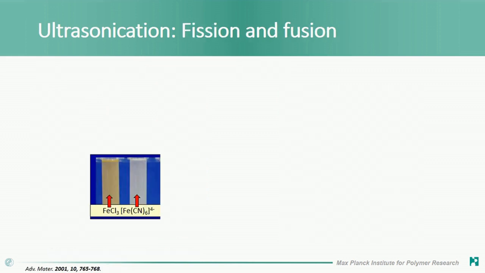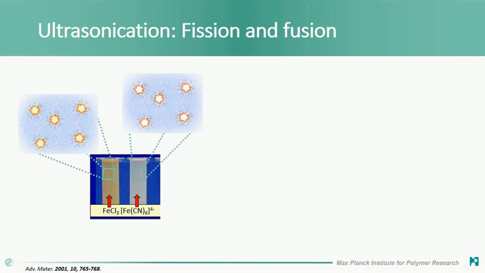So yeah, you have both breaking of the droplets, but you also have collision between droplets that are induced by those turbulent flows. And we could really see the fusion of different droplets by mixing different solutions. So here we have iron chloride in one emulsion, and iron hexacyanate in the other one.